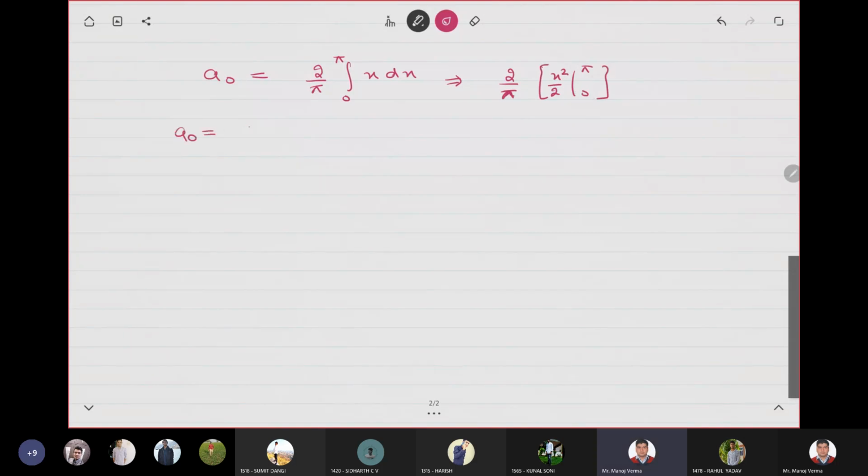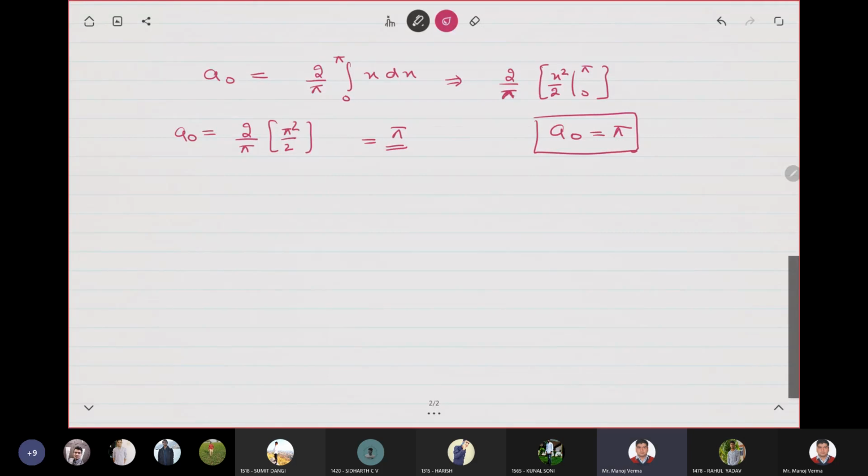If I insert the limits, it will be pi square by 2 minus 0, so it will be pi square by 2. So the value will be pi only. So my a naught is pi. Just remember this: for a triangular wave, my value of a naught is pi.